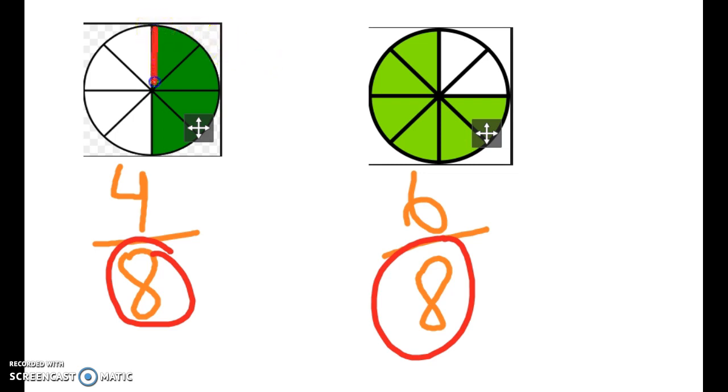So one slice of cake here is the same as one slice of cake here. Since their slices are the same size, we can just compare how many slices each fraction got. So this fraction got 4 slices and this fraction got 6 slices. 6 is greater than 4, meaning that 6/8 is larger than 4/8.